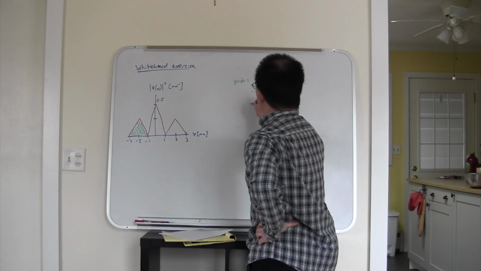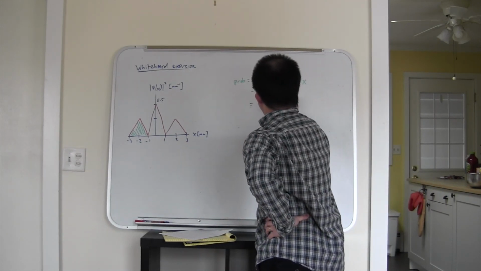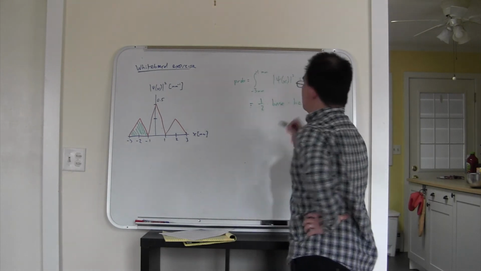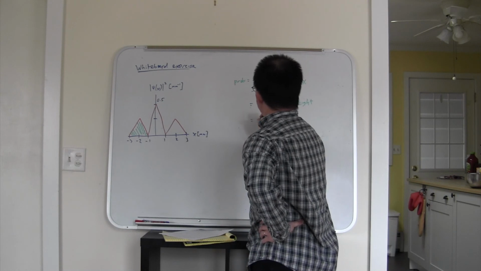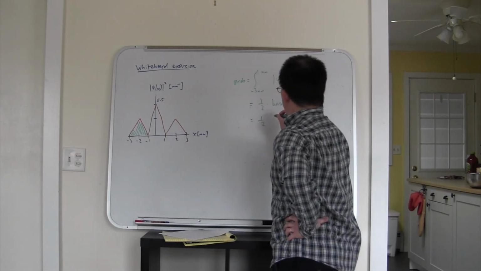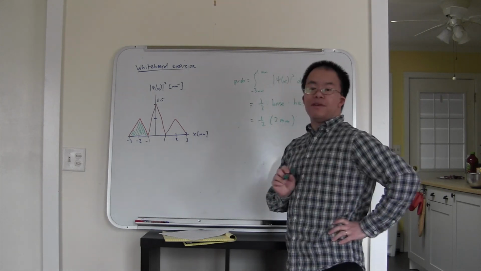So that turns out to be 1/2 times my base times my height. So that's 1/2. The base from -3 to -1 is 2 millimeters.